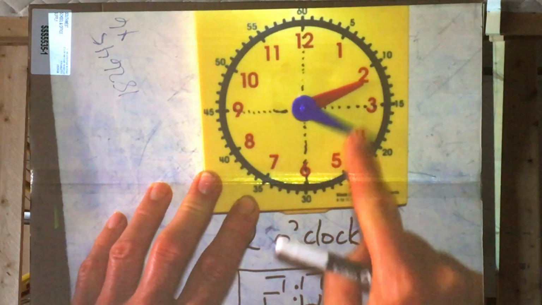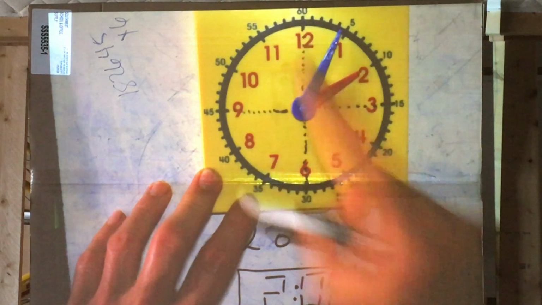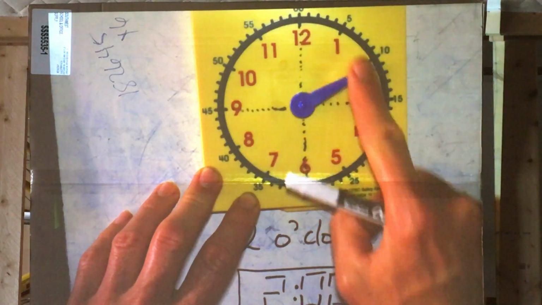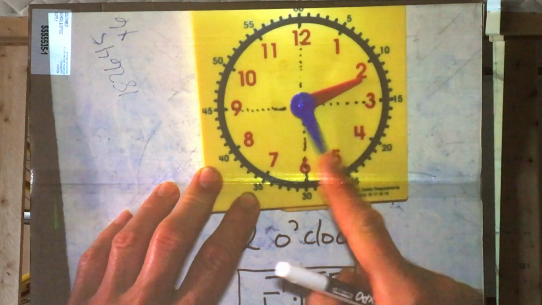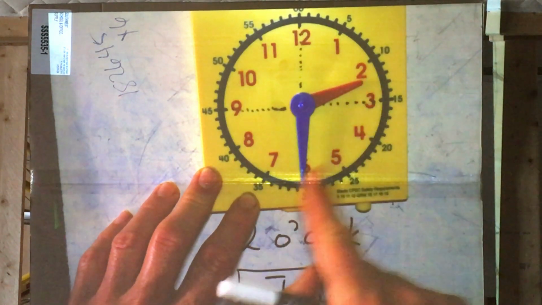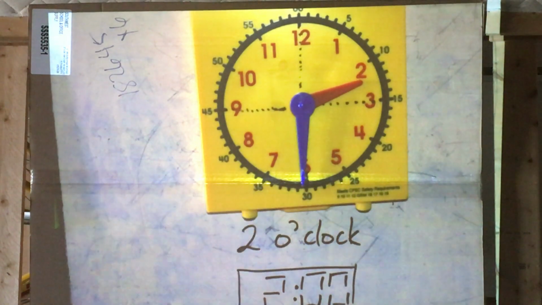Now, from here, if the minute hand is between the 12, going clockwise, which is this way around, to the 6, we talk about how many minutes past 2 o'clock. So we'll start with this.